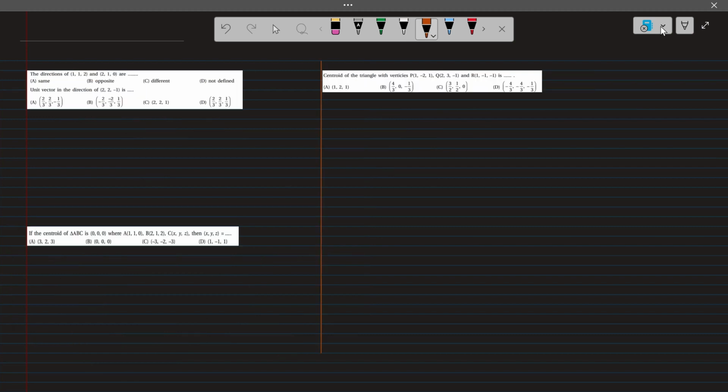The directions of 112 and 210 are... Now, two vectors will have the same direction if they are multiples of each other, which means each and every component must have the same ratio.